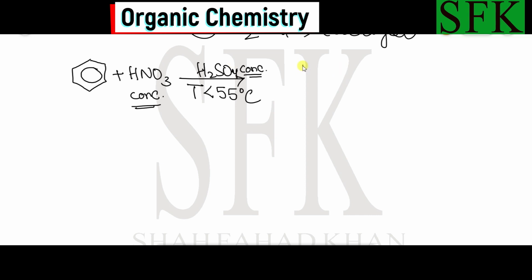The nitro group, the nitronium ion, gets attached to the benzene ring as a substituent and forms the substituted benzene. This substituted benzene is known as nitrobenzene, plus water. Okay, this is our overall reaction.